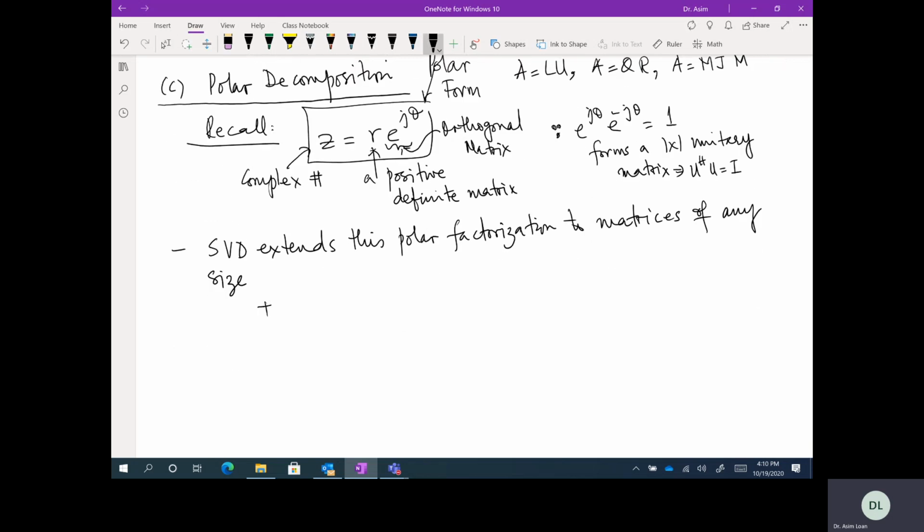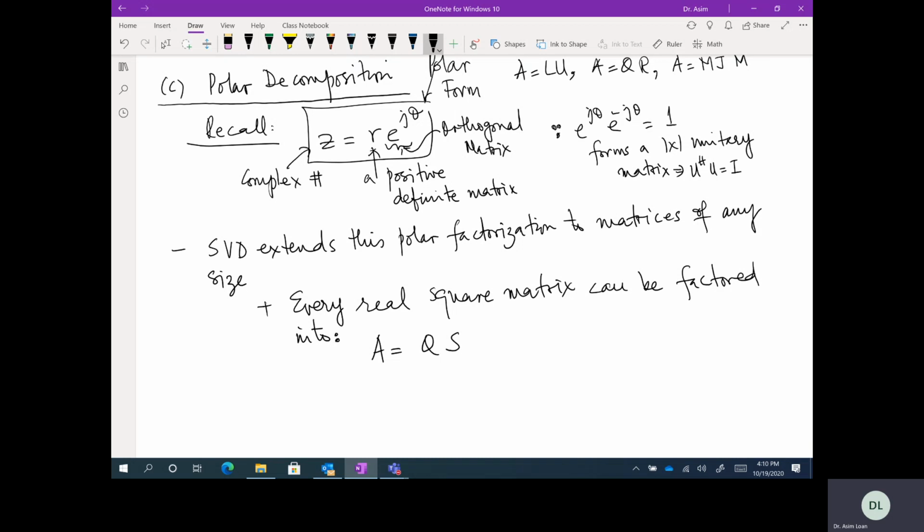So every real square matrix can be factored into A equals QS, where Q is orthogonal and S is symmetric positive semi-definite.